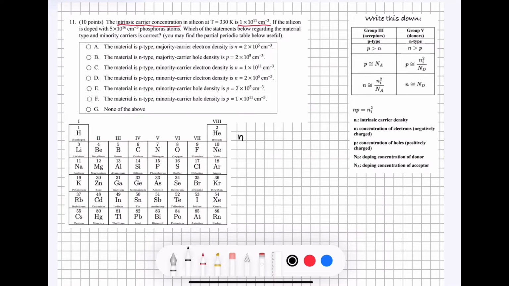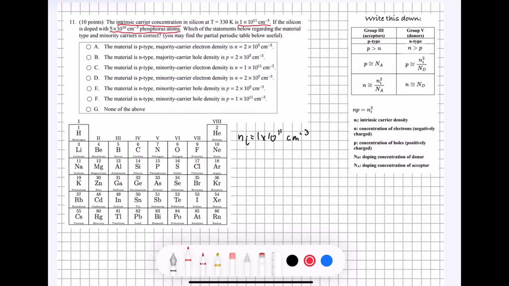So Ni equals 1 times 10 to the 11 centimeters to the negative 3. And the silicon is going to be doped with this number of phosphorus atoms.